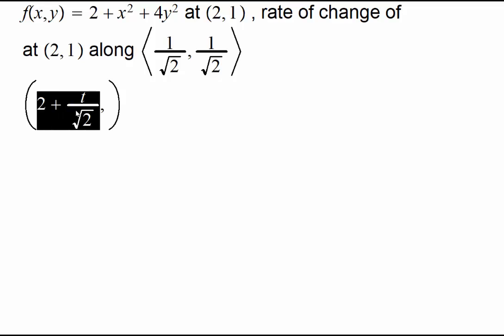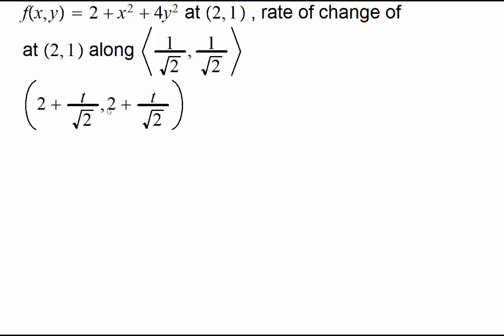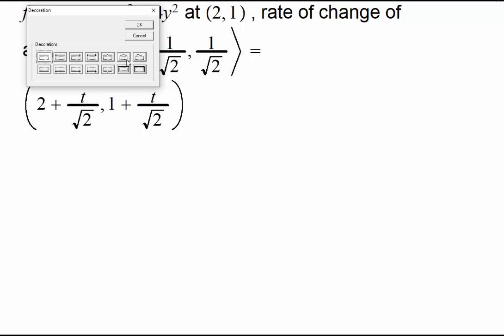So the derivative in this direction, let's call it u hat, is called the directional derivative in the direction of u.